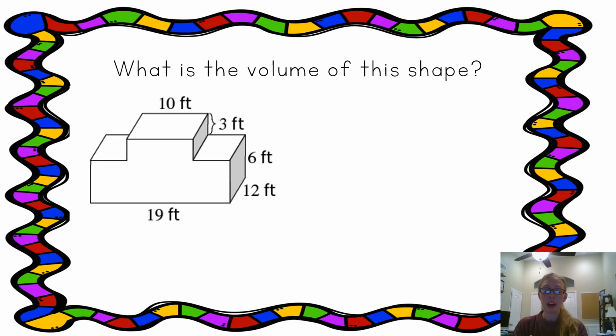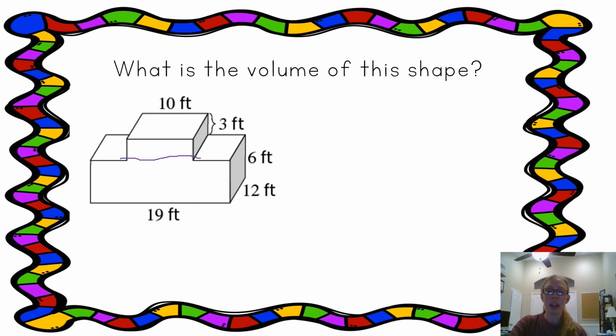So we've been working on this with finding the volume of a few different rectangular prisms that are combined together to make one shape. So take a look at this. I've got my two rectangular prisms, a smaller one on top, larger one on bottom, and I'm going to divide this right here so that I can find the volume of each piece separately, and then I'll add them together to find the volume of the whole.